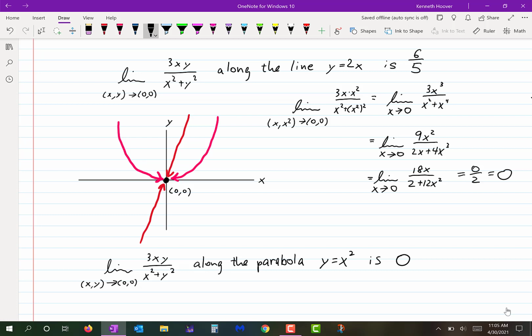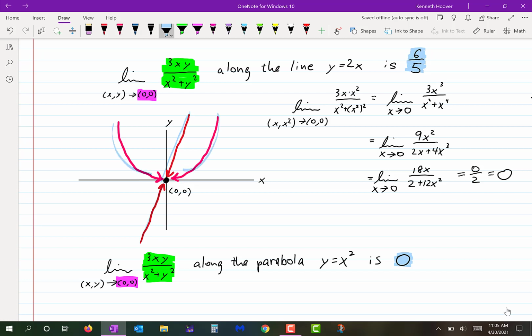This is interesting. Same function, approaching the same point. The input is approaching the same point. It gives us two different values if we approach from two different directions.